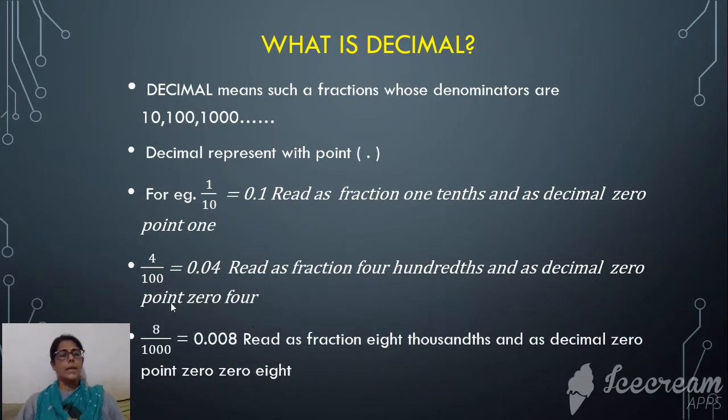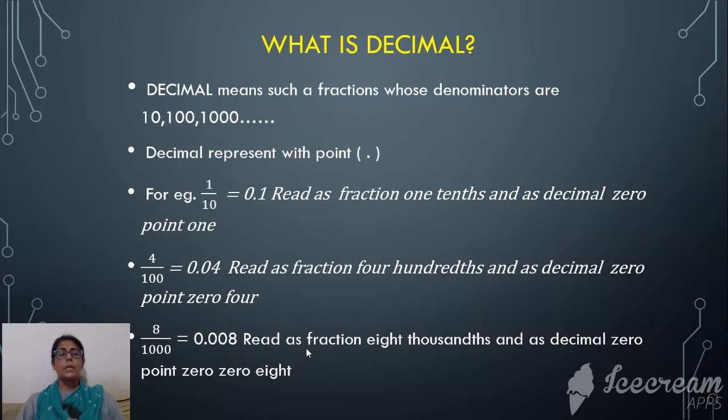Now one another example, if we check here 8/1000. Here three zeros are there in the thousand. So we have to place 3 digits after the decimal point. It should be 3 digits, right? So 0.008.